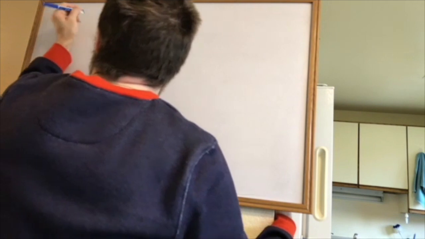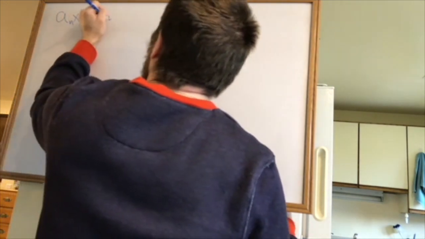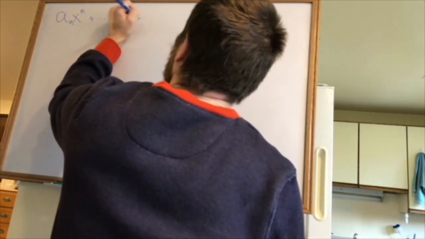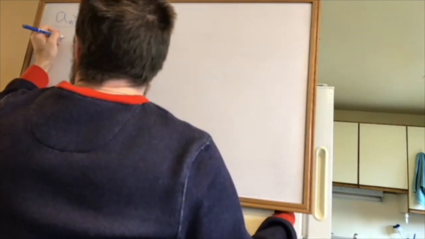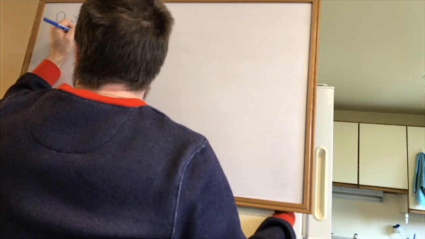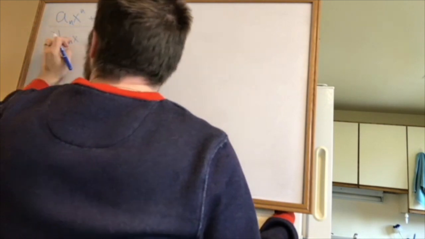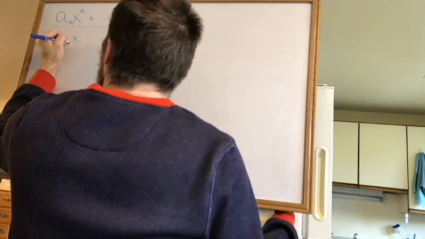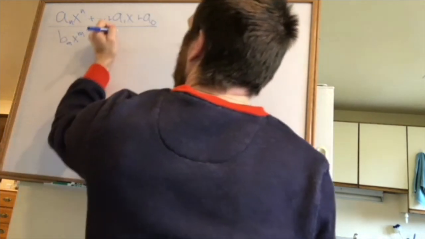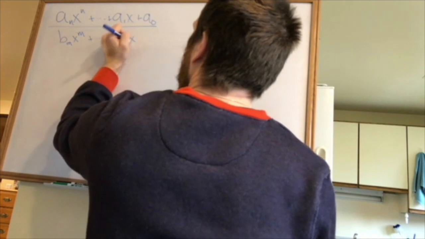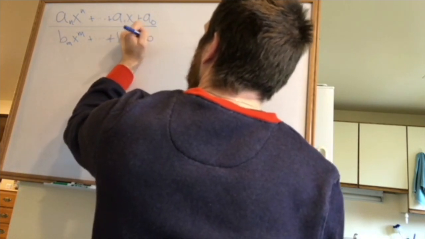We have a polynomial, an x to the n, all the way down to a1 x plus a0, over b_m x to the m, all the way down to b1 x plus b0.